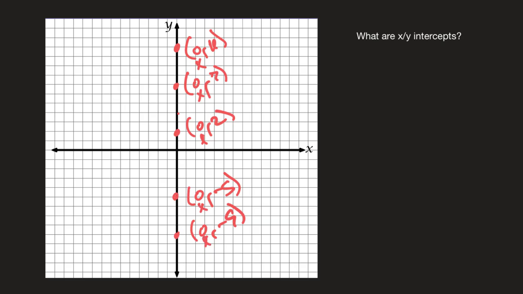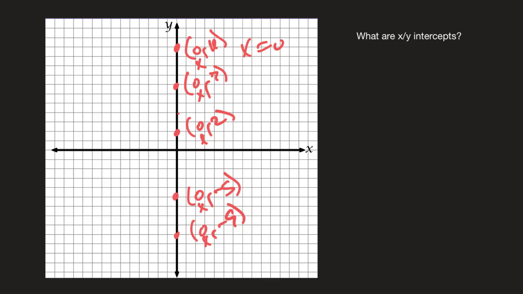So no matter where you are on the y-axis, your x value is 0, okay? So as far as a y-intercept, that line is going to cross the y-axis when x equals 0, okay? So just kind of log that for a second, all right? And then I'm going to come back to that here in just a little bit.